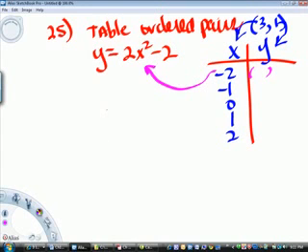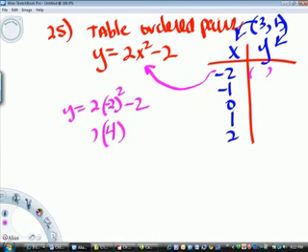So I rewrite it. I write y equals 2 times (-2) squared minus 2. I've just replaced the x with a -2. Now I do my order of operations, so I get (-2) squared, which is -2 times -2, and that gives me 4, right? A negative times a negative.